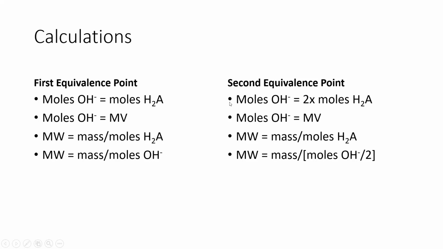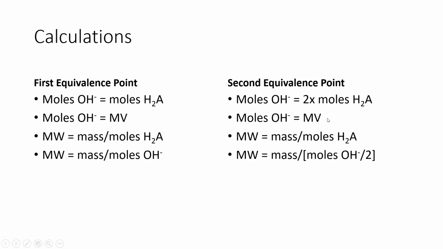So if we look at the second equivalence point, the moles of hydroxide is equal to 2 times the moles of the acid. So since we got rid of both hydrogens, we had to put in twice as much hydroxide. Now we still find the moles of hydroxide from MV, molarity times the volume, the molarity of the hydroxide times the volume from the burette.